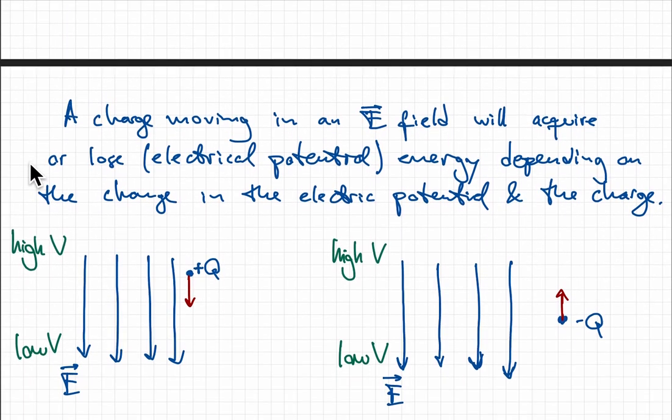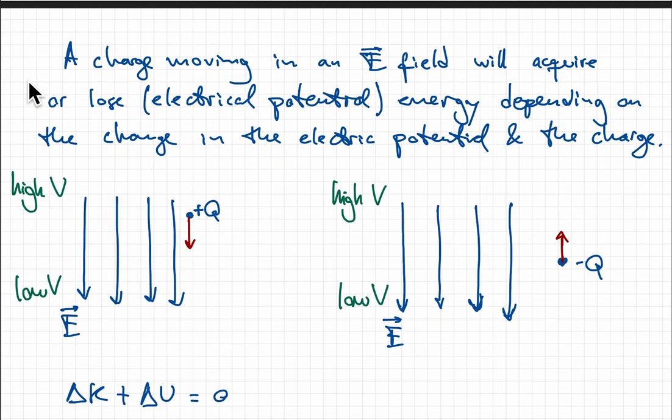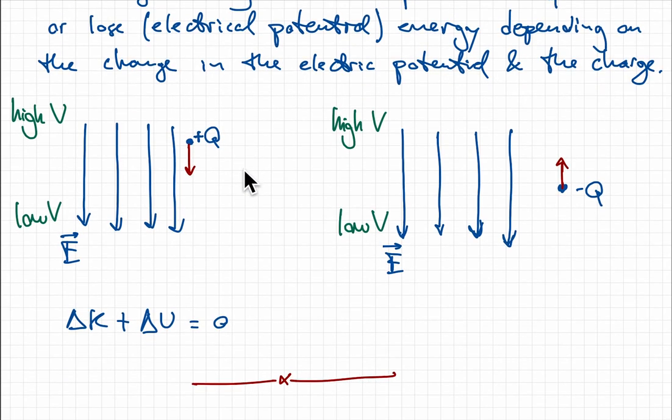Once again, just to summarize, a charge moving in an electric field will experience an electrical force and will acquire or lose electrical potential energy and lose or acquire, similarly, kinetic energy, depending on the change in the electric potential and depending on the charge. Here you see a diagram, and we're going to be seeing many of these diagrams during the lecture, where you see, for example, the positive charge that's moving with the electric field due to that force.